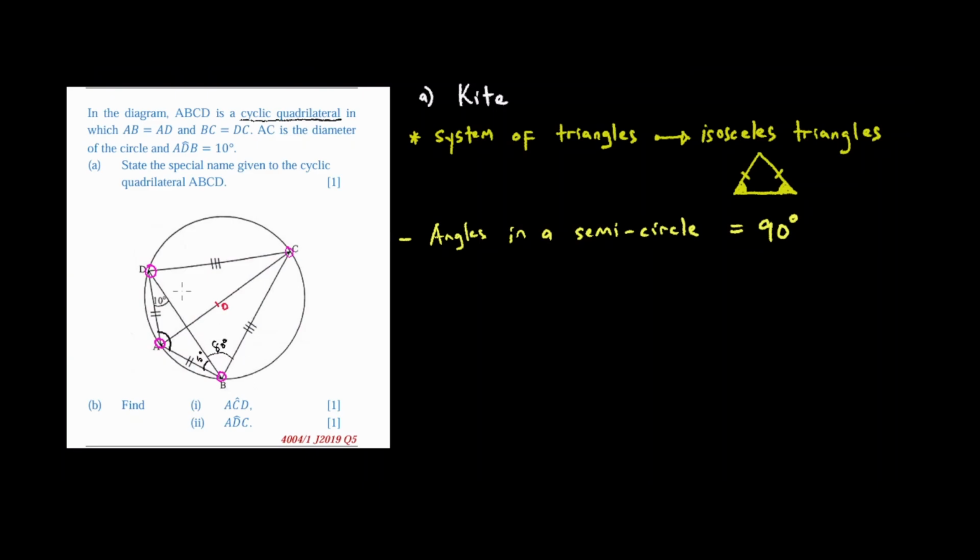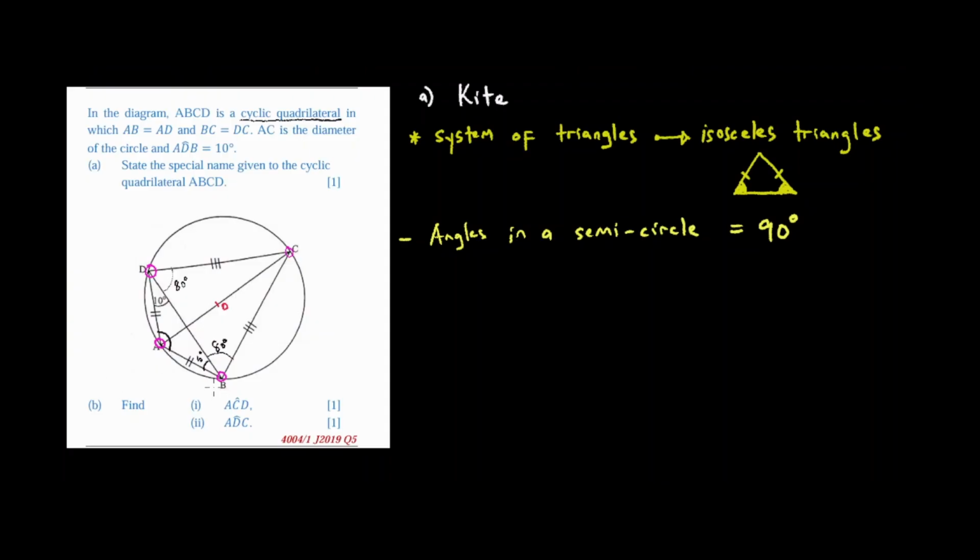Then the same applies here because this diameter is also creating an angle here, which means this angle is going to be 80 degrees. We subtract 80 plus 10, it is 90.